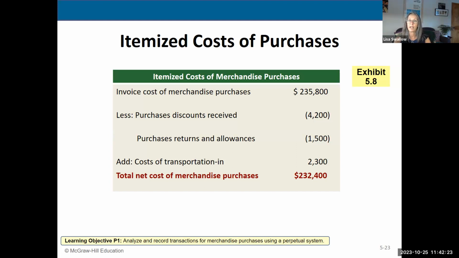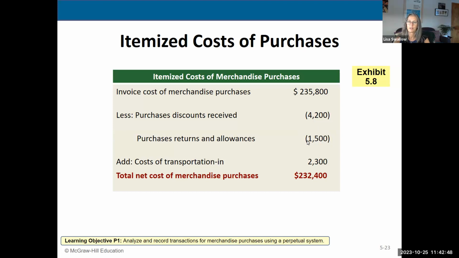Then I paid within the discount period, so I get a $4,200 credit to the inventory account. Then when I unloaded some of them, some of these were defective, so I sent them back. Again, credit to the inventory account.